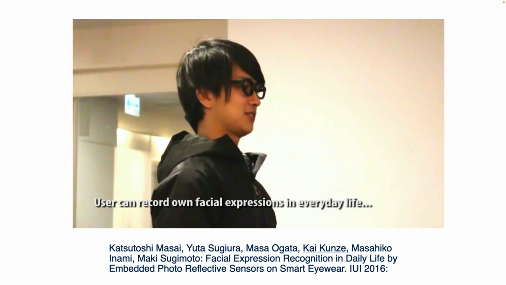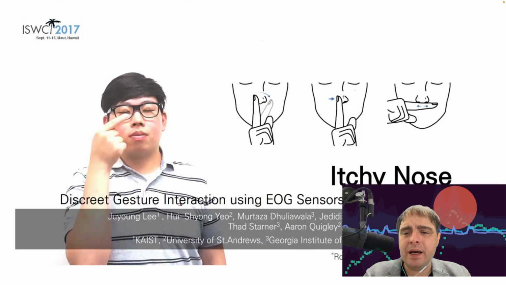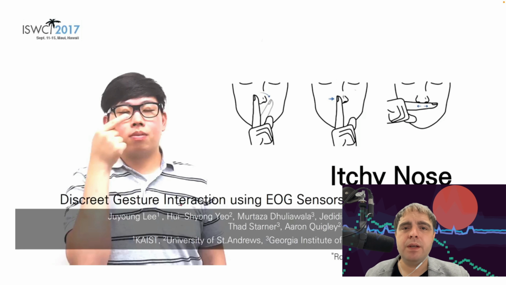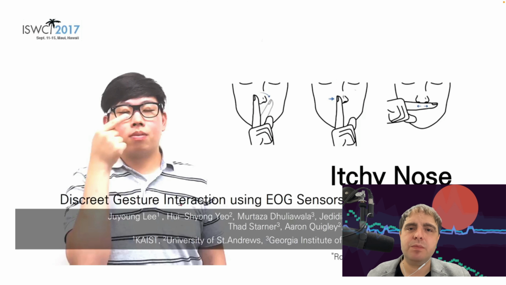And the last bit that I want to introduce in the eyewear section, this is already work that goes towards interactions. And this is work from Ju-Young Lee. He's a researcher at Geist. And when he visited us for a research stay, he was also taking part in some of the studies that we did with JINS MEME.